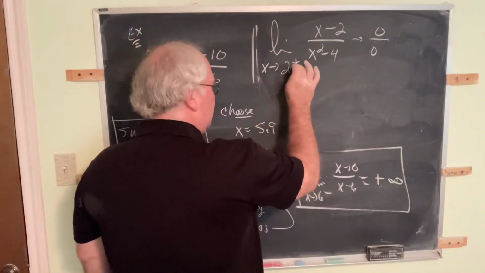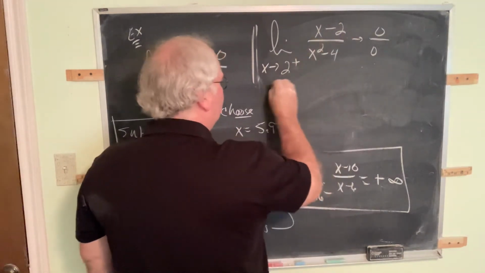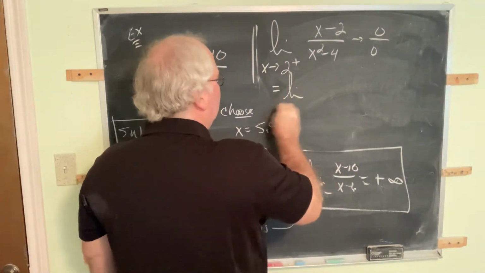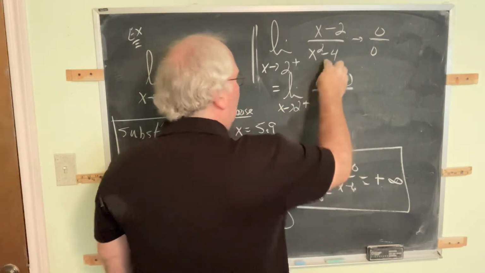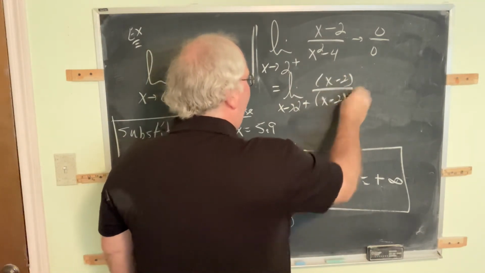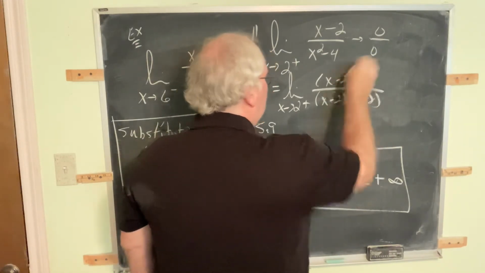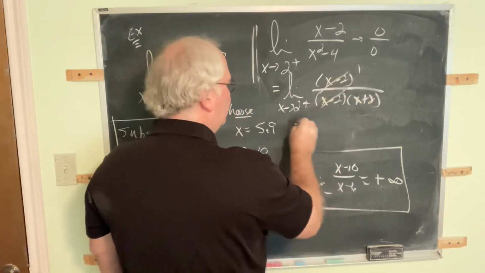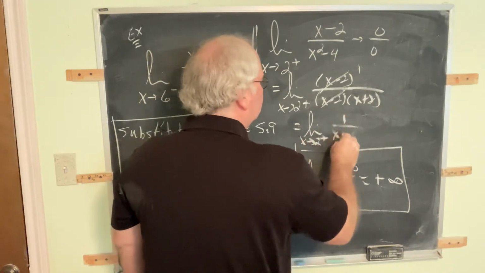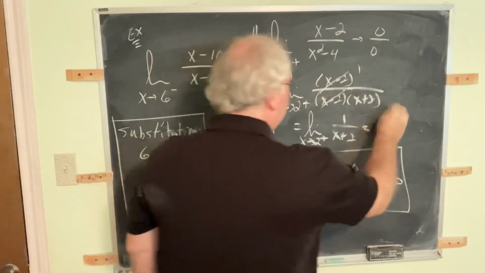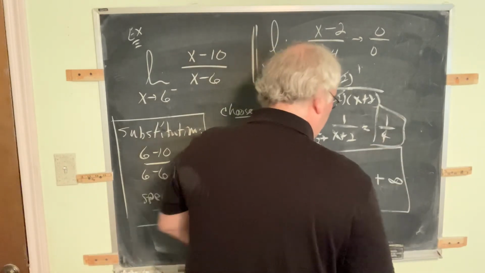It doesn't matter if you're only doing it from one direction. The procedure is the same. This is equal to the limit as x approaches 2 from the right of x minus 2 over, factor, reduce, try again. Now substitute, this is 1 over 4, and we're out.